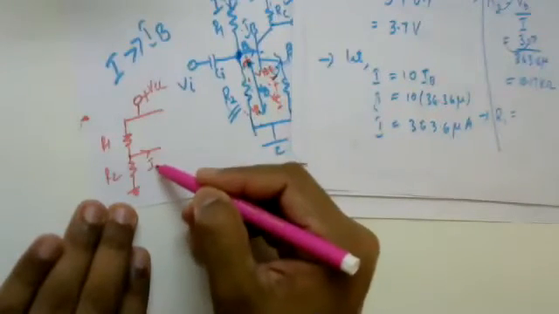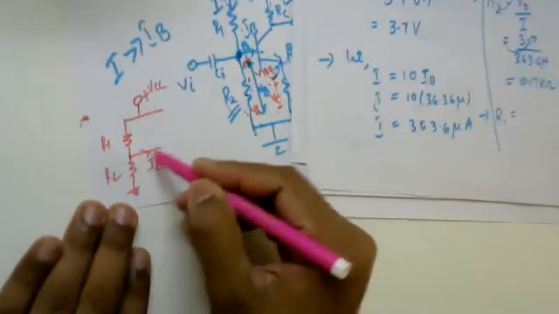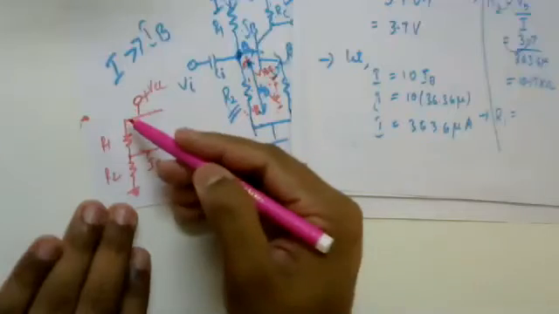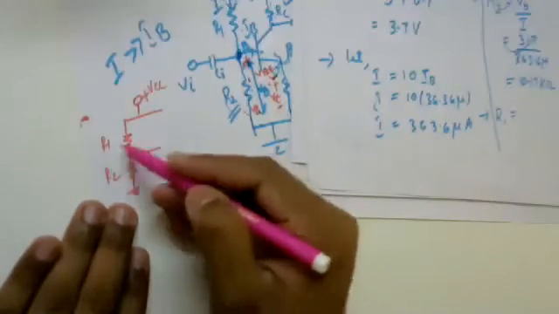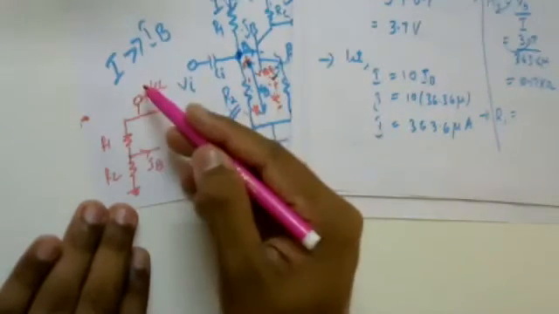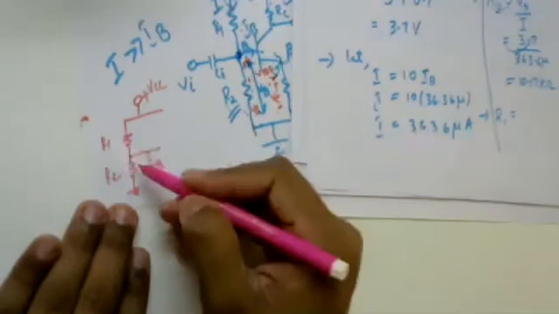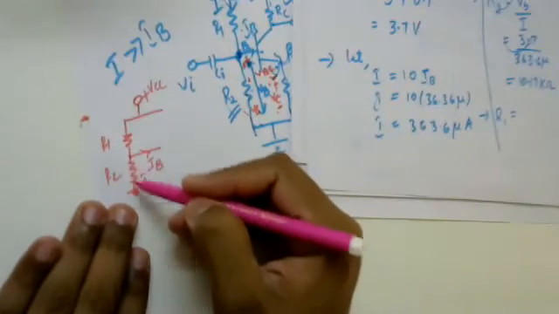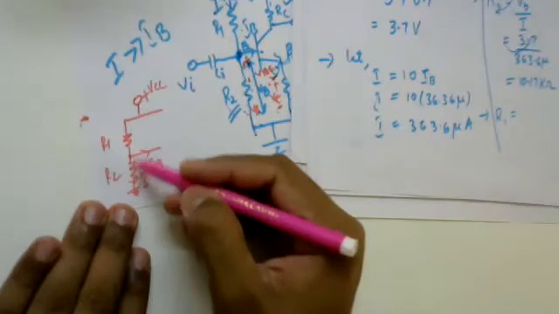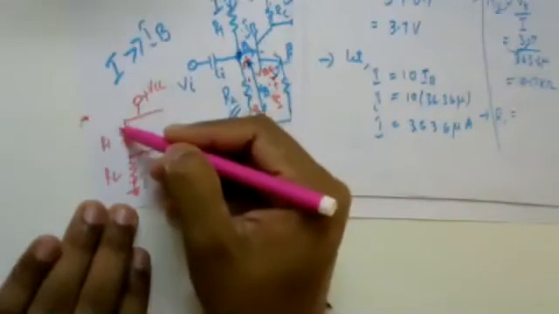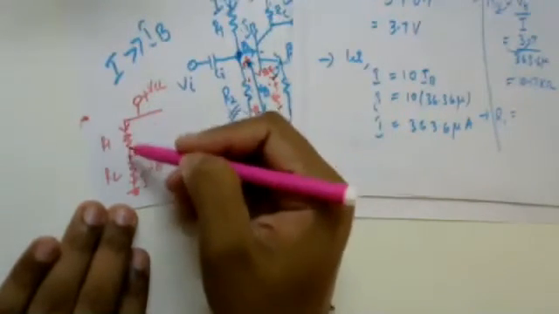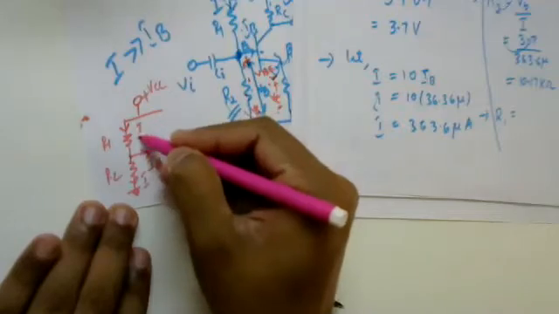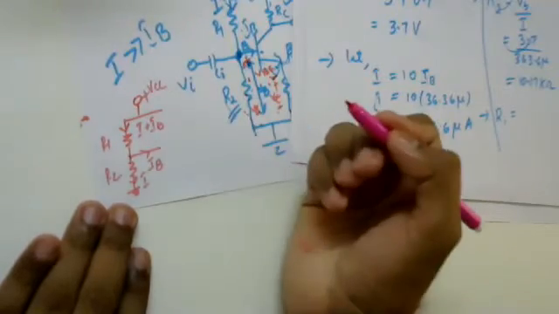We said that IB is the amount of current that is going to flow through the base. It means this IB has to come from this path only, because there is no other source other than VCC. Understood? And if I is the current that flows through this resistance R2, then I can simply say that the current flowing in this section of my circuit has to be I plus IB.